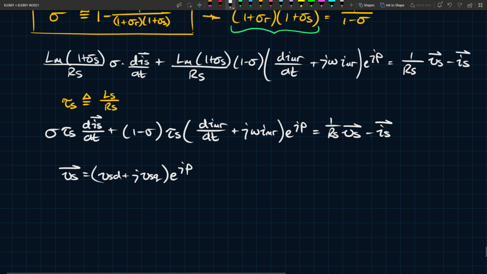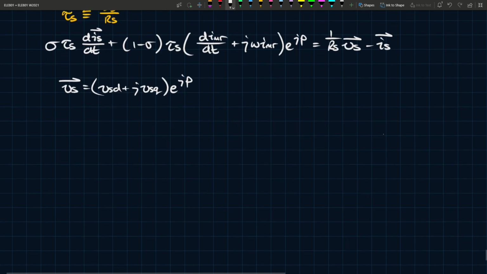So we can make those substitutions into both Vs and Is, and then equate the real components and the imaginary components of the resulting equation, and you'll end up with two equations. I won't do that here because it would be very tedious for very little value.